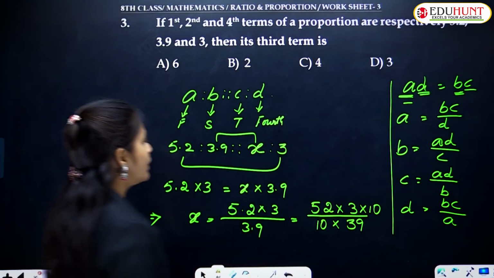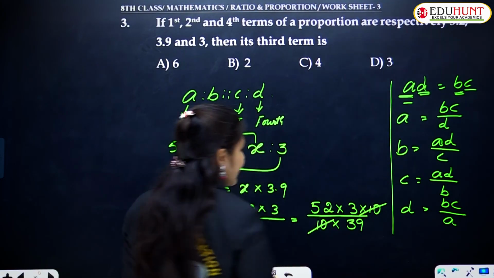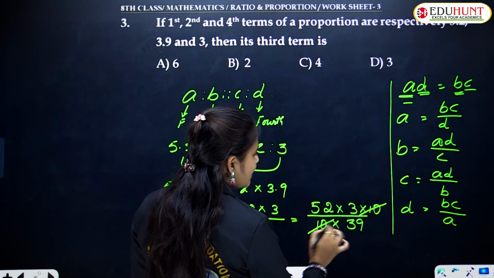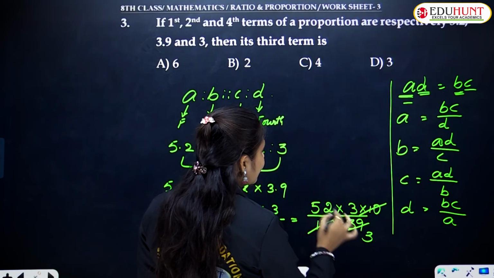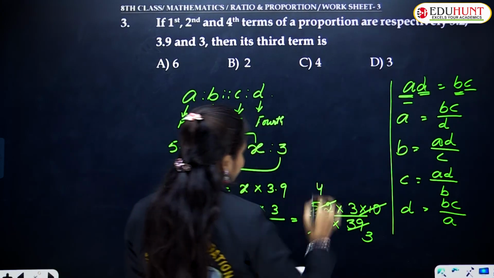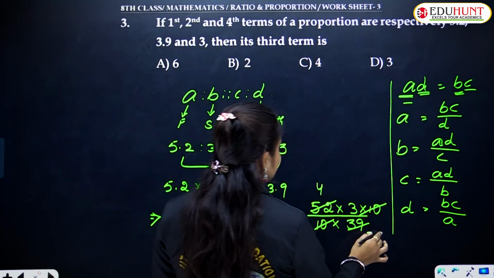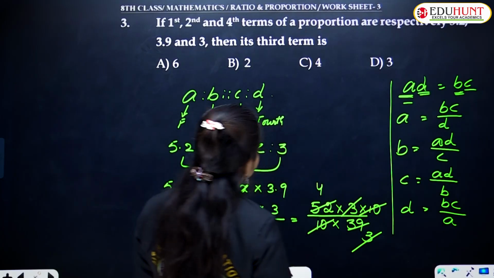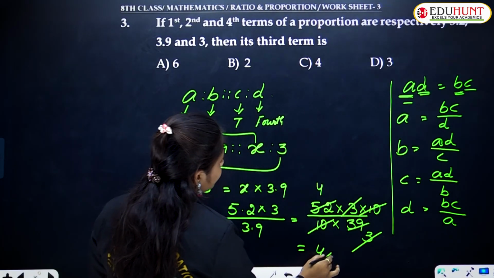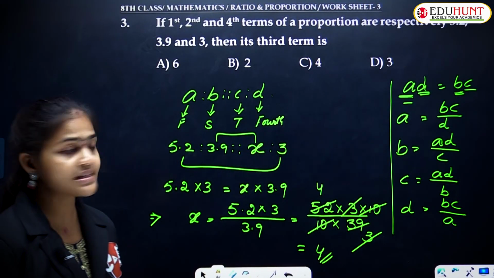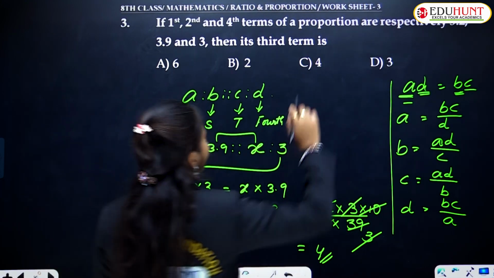Understand? So here 10 and 10 get cancelled. And in the same way here 13 3s 39 and 13 4s 52. Next here 3 and 3 get cancelled. So finally our answer is 4. What is our answer here? Answer is 4.